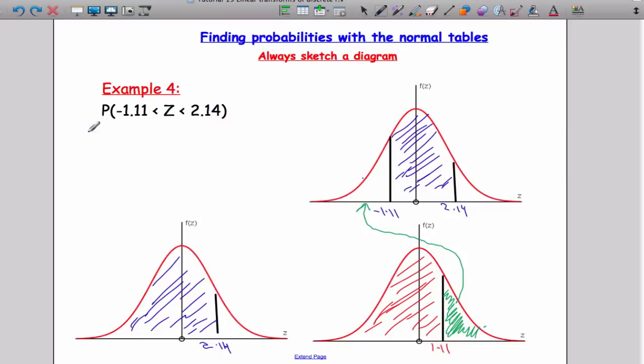So I'm going to do 1 minus the probability that Z is less than 1.11.